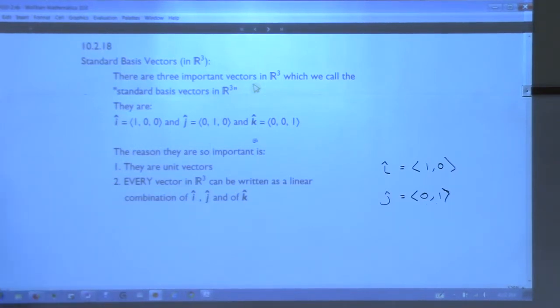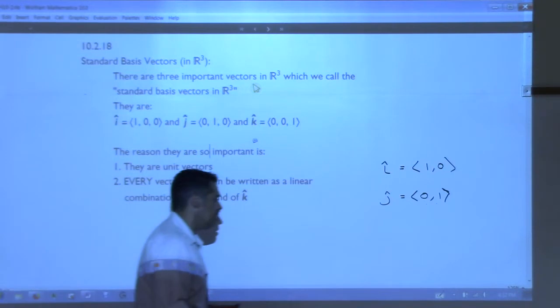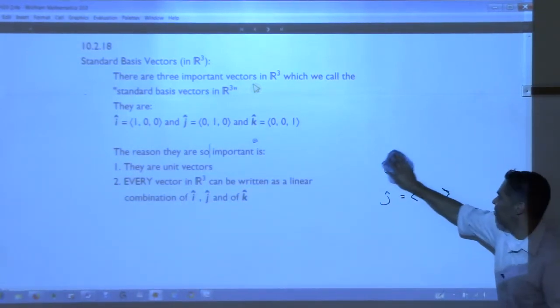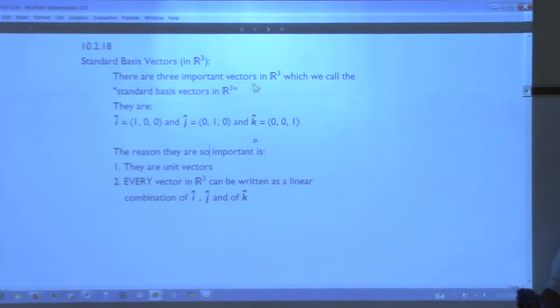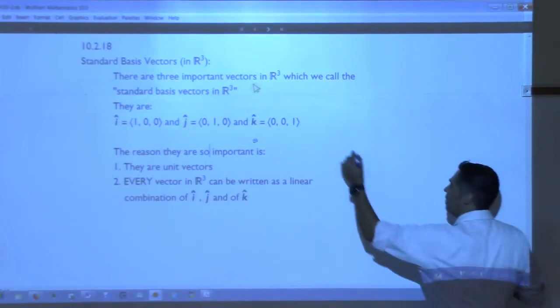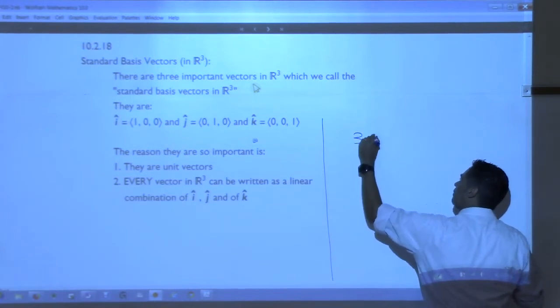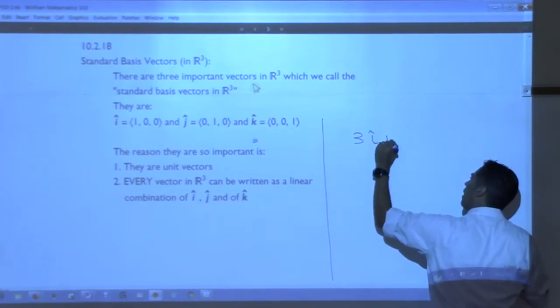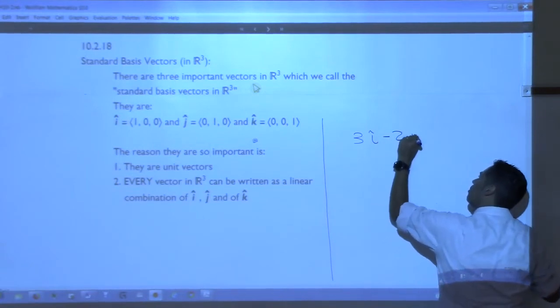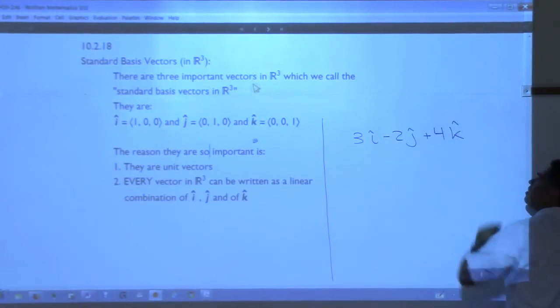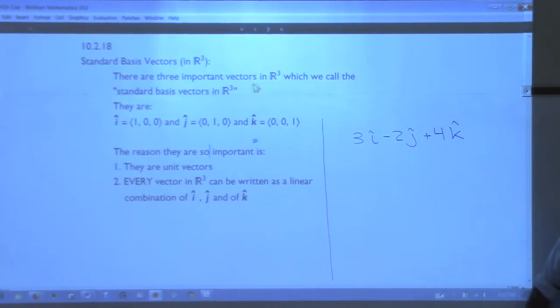Some of the notation that you're going to see that I use here: I do not like using i hat, j hat, k hat notation. I think that's just the mathematician in me versus the physics part of me. So when we see a vector like 3 i hat minus 2 j hat plus 4 k hat, please understand that I'm not going to ever write it this way.